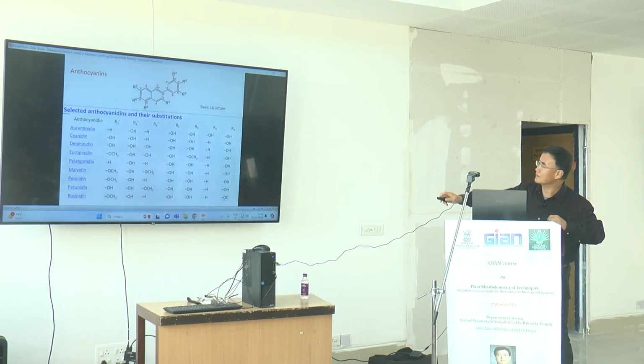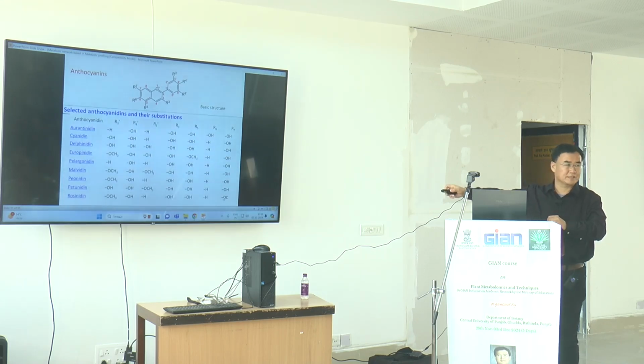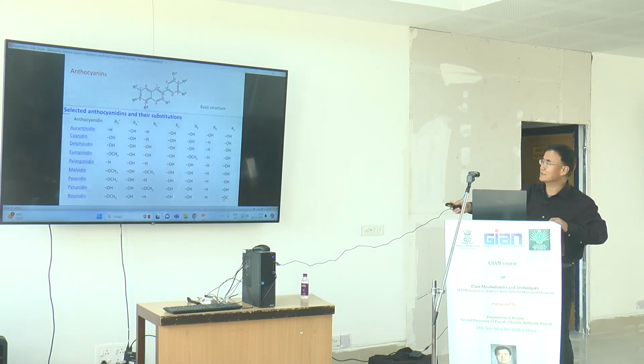You can see here that those define the different compounds of methylation. They will show different colors under the same pH. The pH can affect the coloration of this.